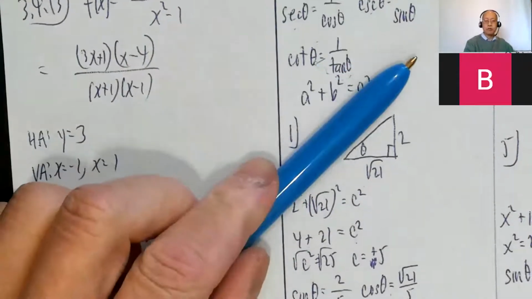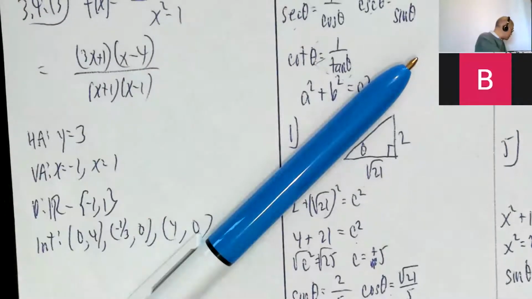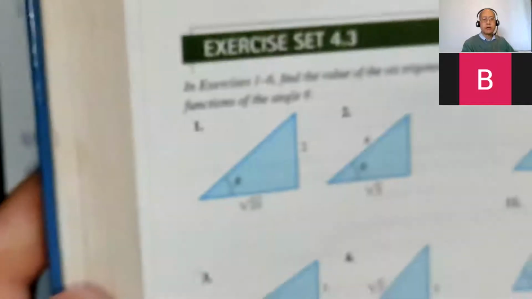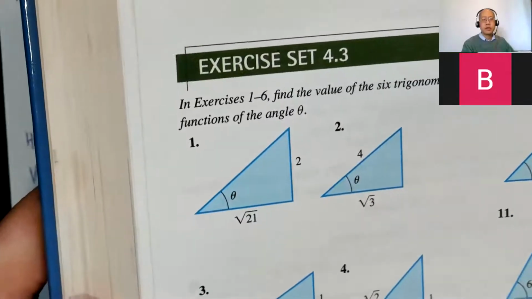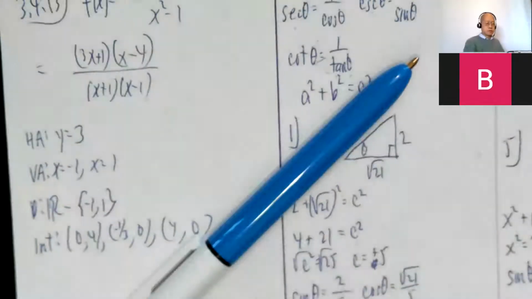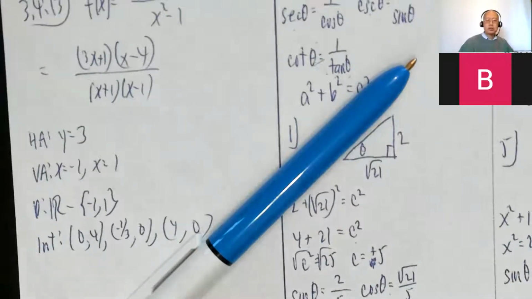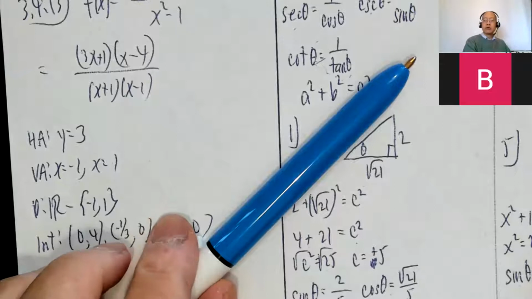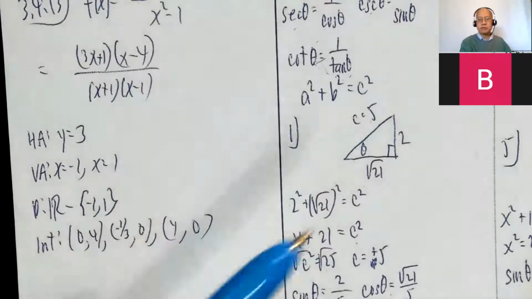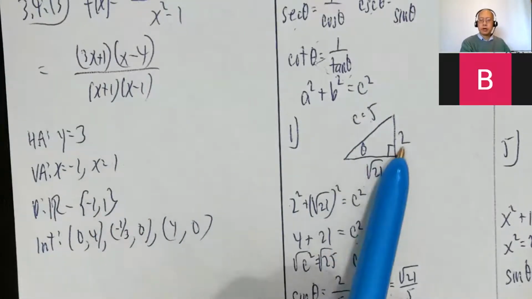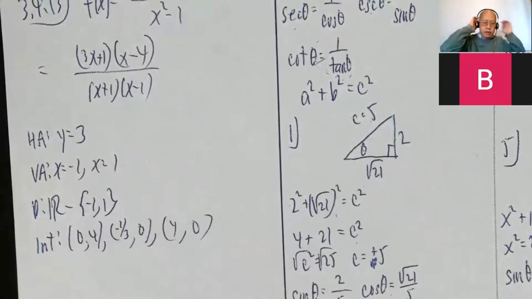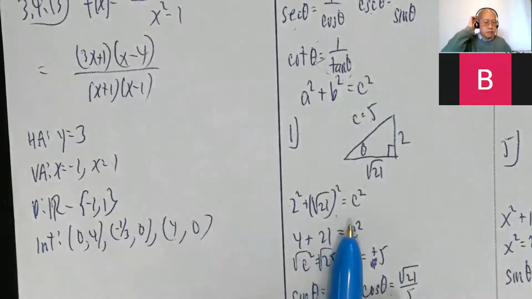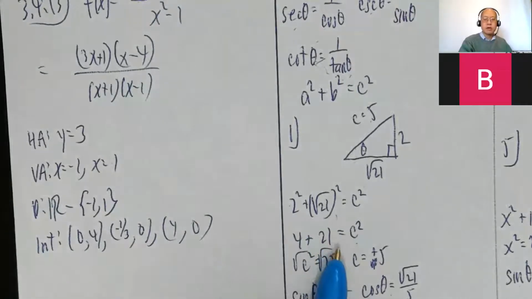Right, so the original number 1 did not give me the hypotenuse. Radical 21, 2, and some theta there. So the first thing I'm going to do is find the hypotenuse. A squared plus b squared equals c squared. So 2 squared plus radical 21 squared is equal to c squared. That should be easy. 4 plus 21 is c squared.